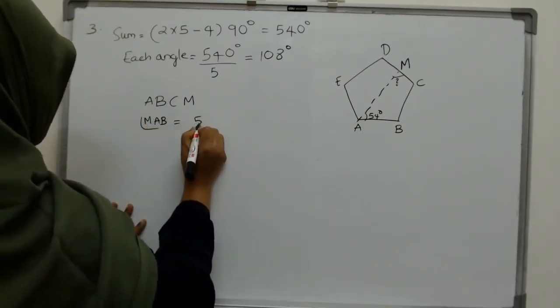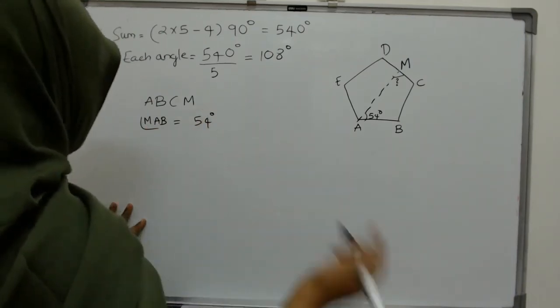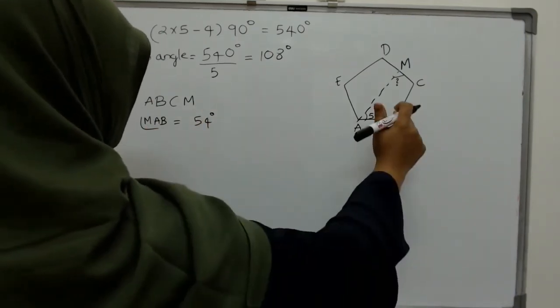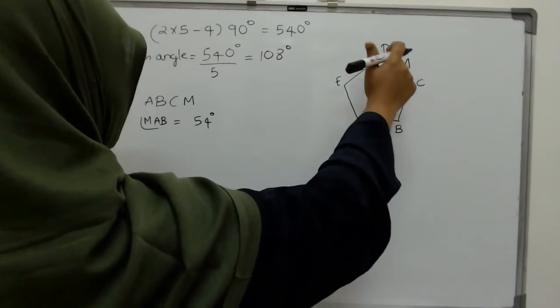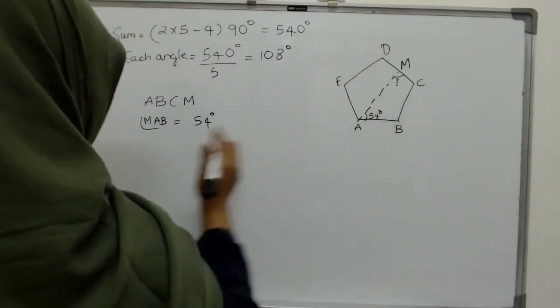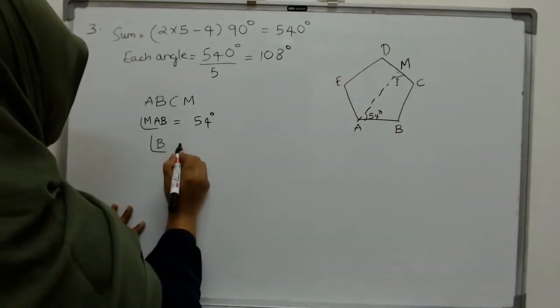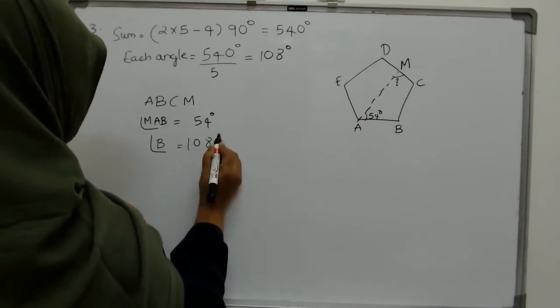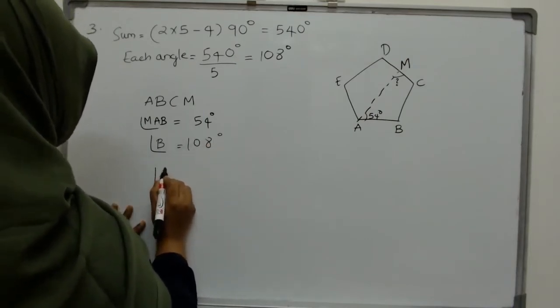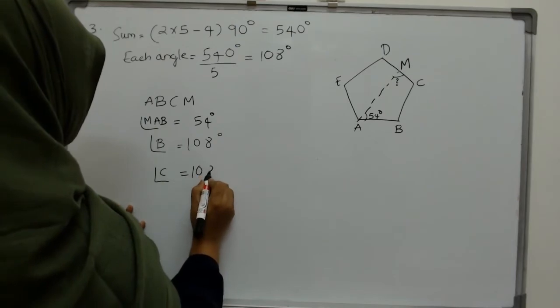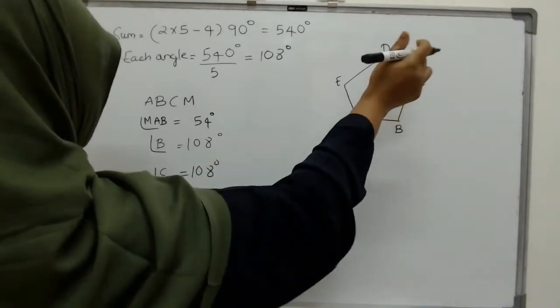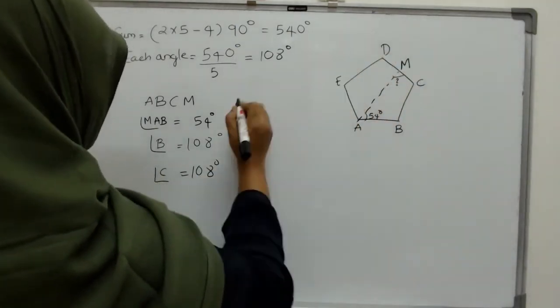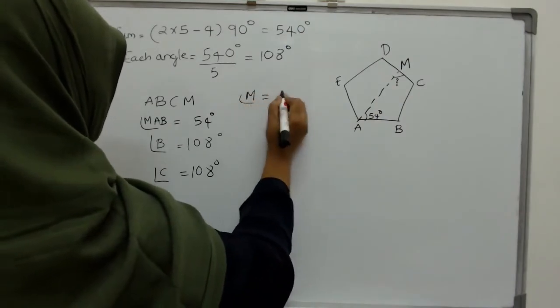We know that to be 54 degrees, and we know that it is a regular pentagon. That means this is 108, this is 108, all these angles are 108. So there you have angle B is 108, and then you know angle C is 108. You just have to know the fourth angle of this.